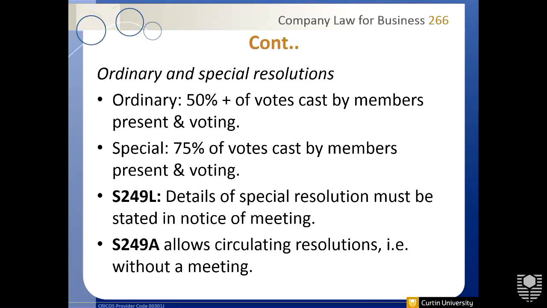That circular resolution is passed to the members, and after they've gone through the documents, if they agree to support the resolution, they sign on the circular resolution. Normally it's doable for a smaller company without too many members. But for a public listed company, it is impossible because you have thousands of members. You can't get circular resolutions passed.